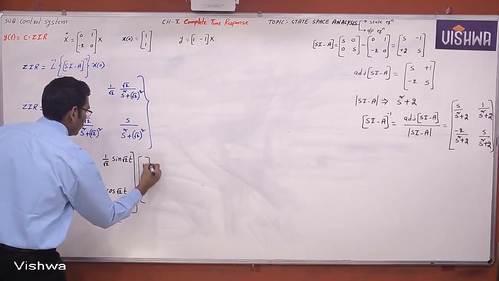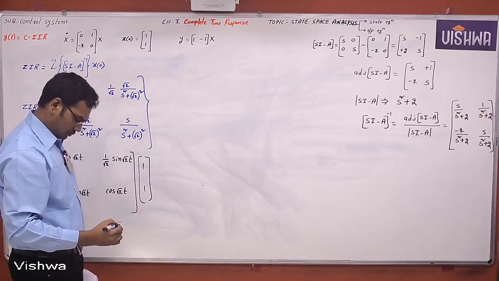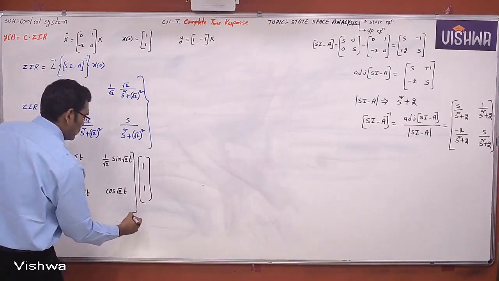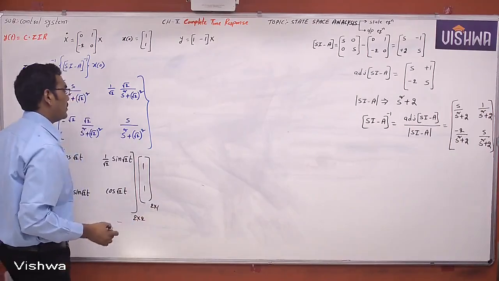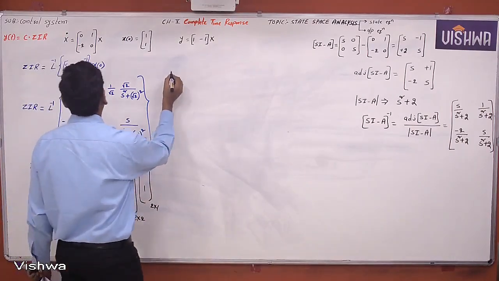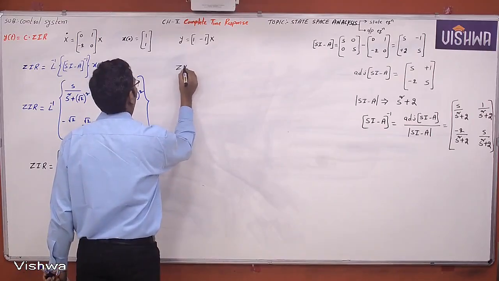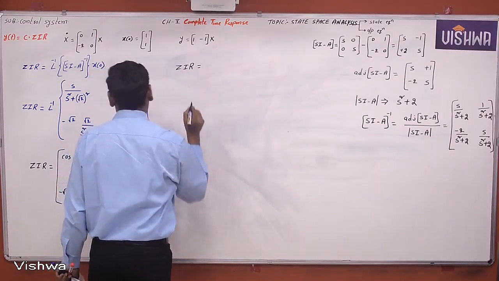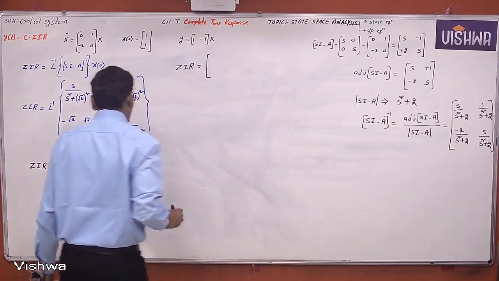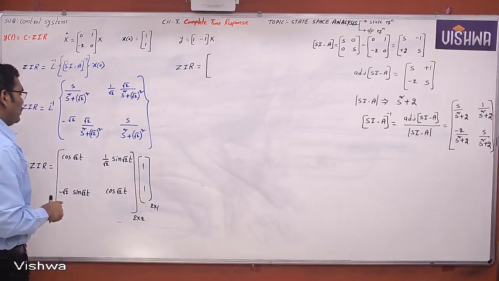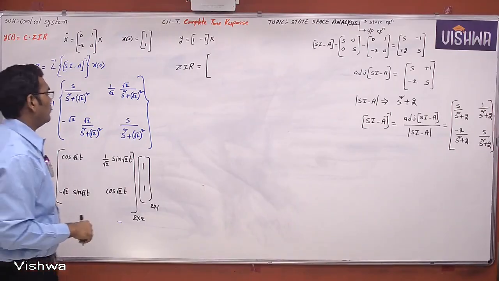So this is a multiplication: this is a 2 by 2 matrix, this is a 2 by 1 matrix. So now, 2 cancels, 2 rows and only 1 column.